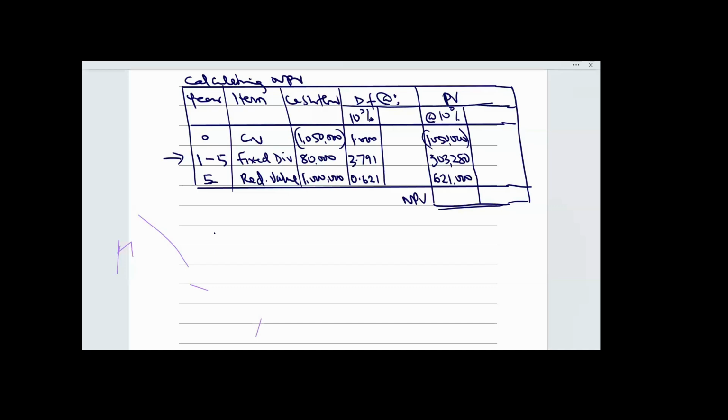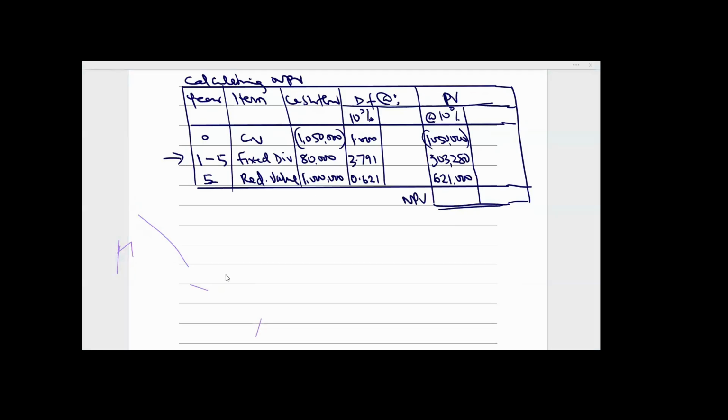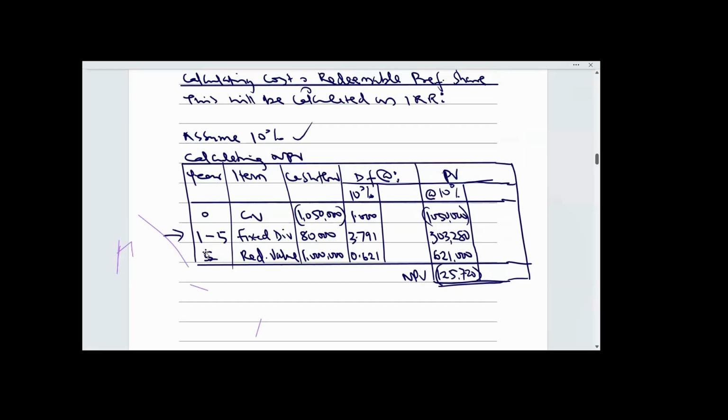So 621,000 plus 303,280 is 924,280. 924,280 minus 1,050,000 is 125,720 negative. So we assumed 10% and we got a negative NPV.